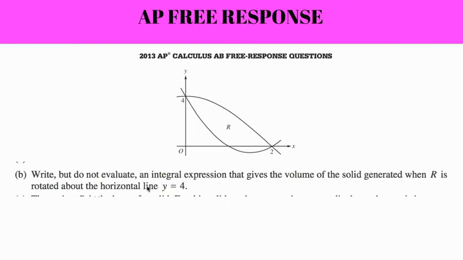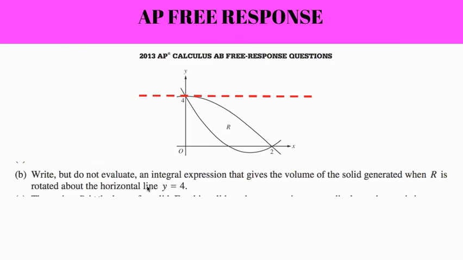So again, back to 2013, AP free response number 5. In letter B, we were asked to write but not evaluate an integral expression that will give the volume when we revolve region R. Remember in part A, we found its area two-dimensionally. In part C, we built up off of it so that we had square cross sections and we did volume.